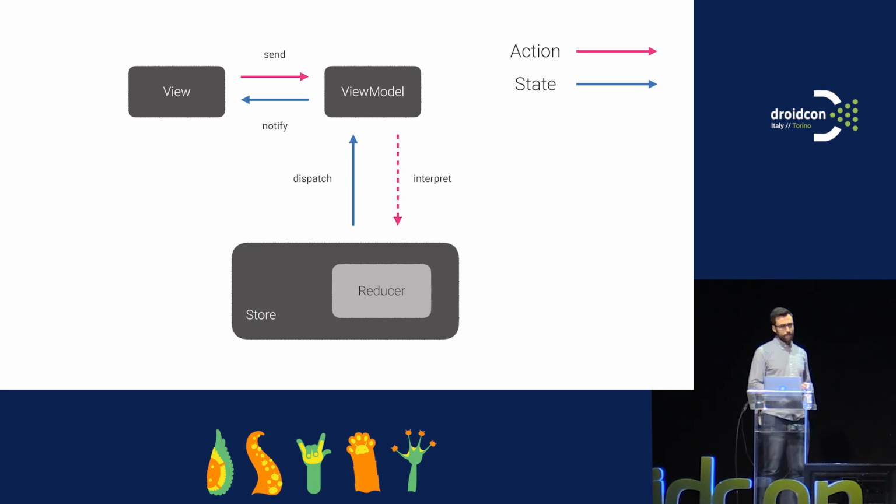The most important object of our whole architecture is the view state that we're going to be rendering on screen. It holds all the information that we need, and we'll see a bit further how it works. This reducer is part of a store, and this store will dispatch that new state that we've acquired.